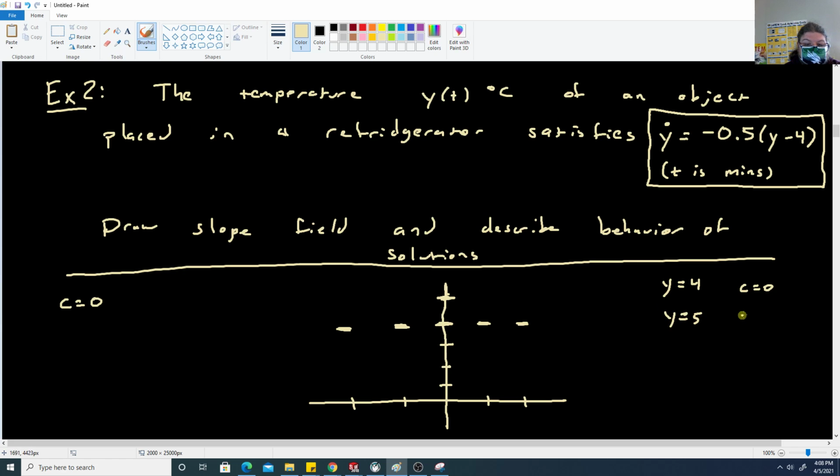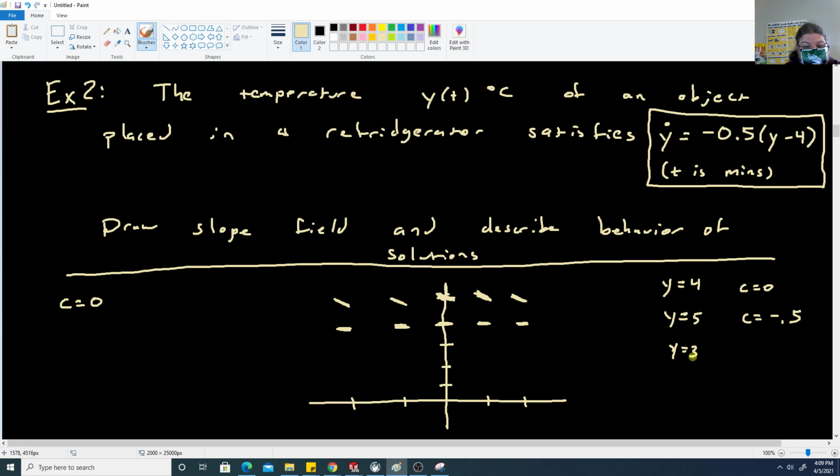All points with y equals 5, we put 5 in here, 5 minus 4 is 1, 1 times negative 0.5. All those points have negative 0.5 for their slope. So those are all shallow slopes of negative a half. So everybody that has a y of 5, you have negative a half for the slope.